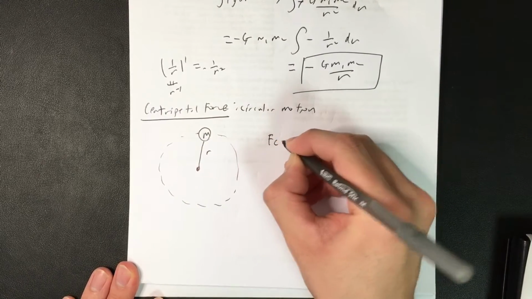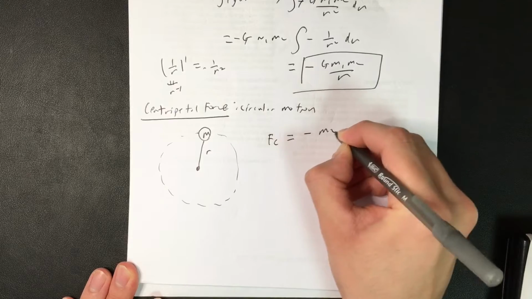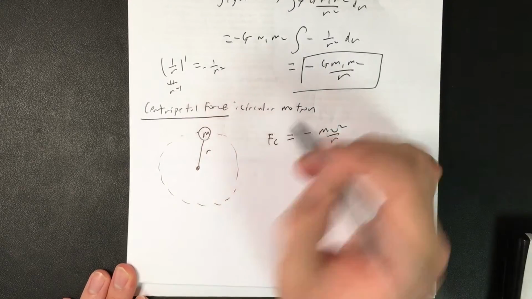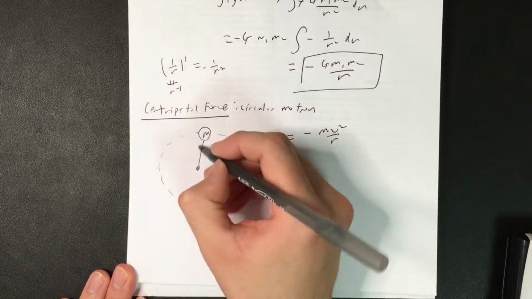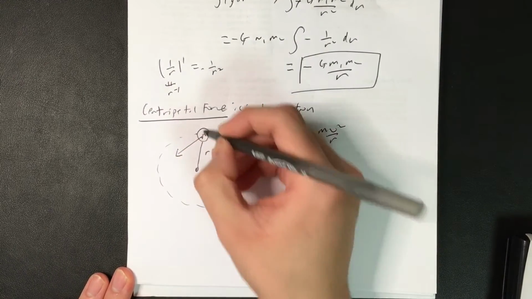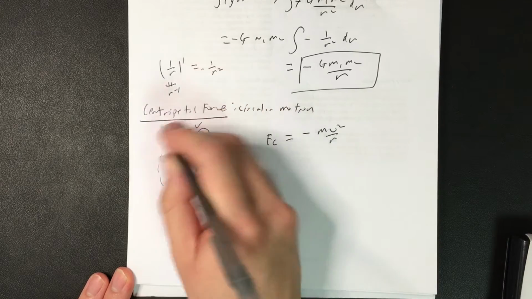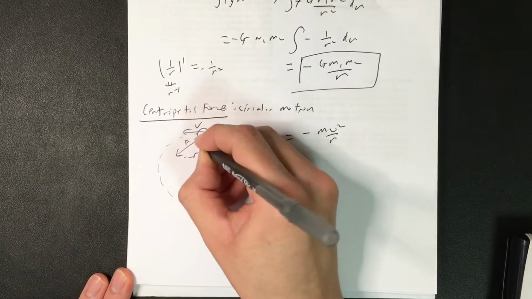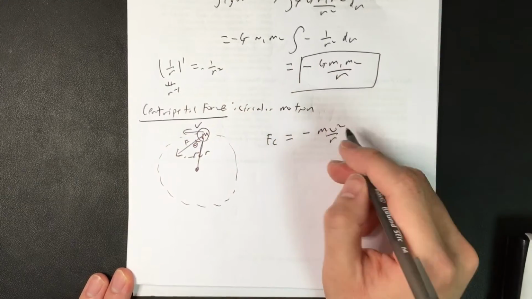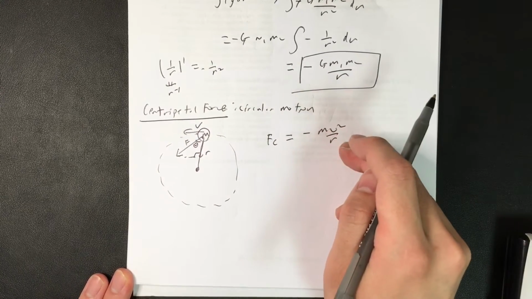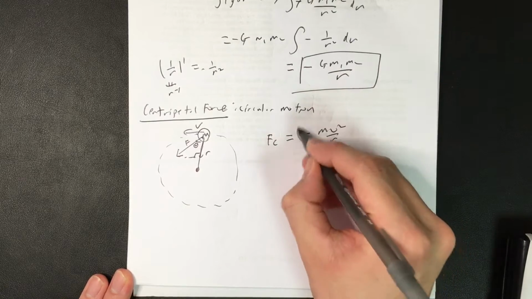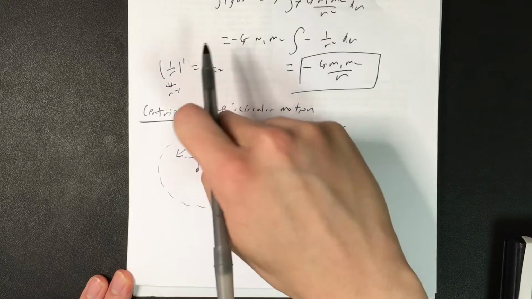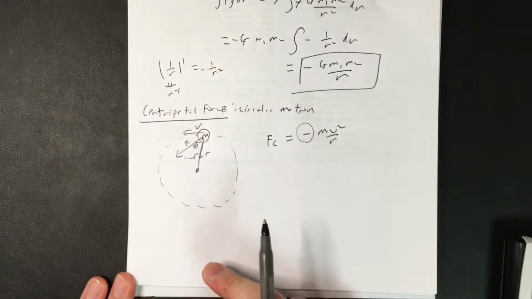Then the definition of centripetal force equals negative mv squared over r, in which the net force can point in any direction. Let's say it points in this direction, and the object travels along that way. Then the radial component, which would be F cosine theta, should equal mv squared over r. And again, the reason why the centripetal force is negative is that it is pointing inward, therefore it is pointing in the negative r direction.